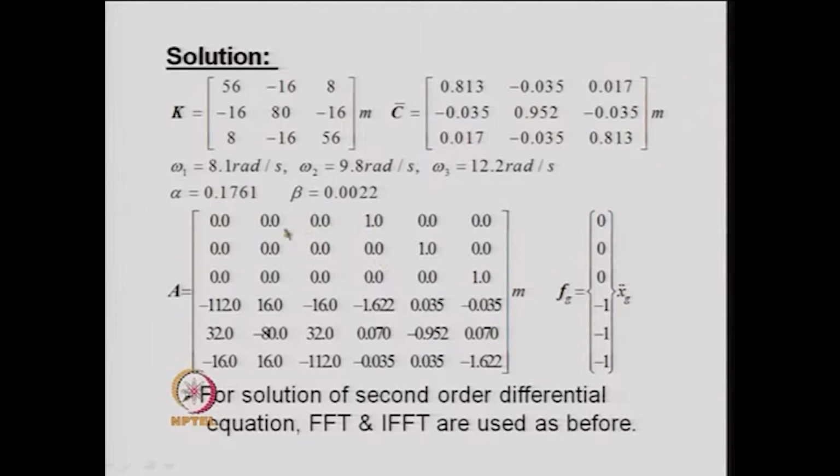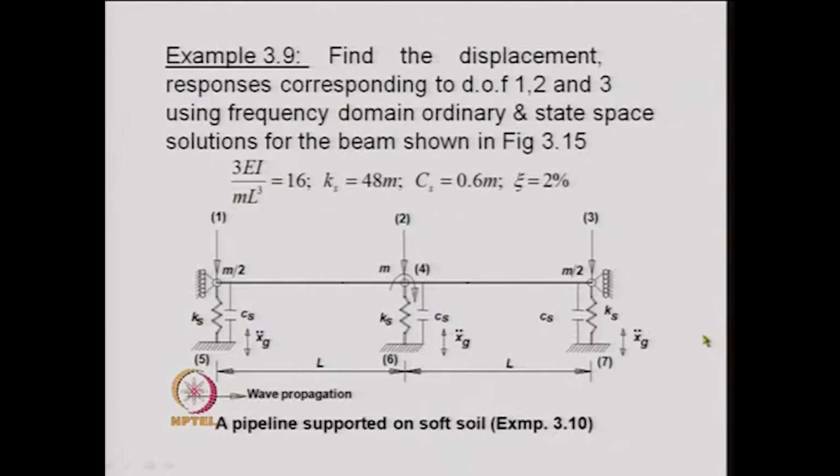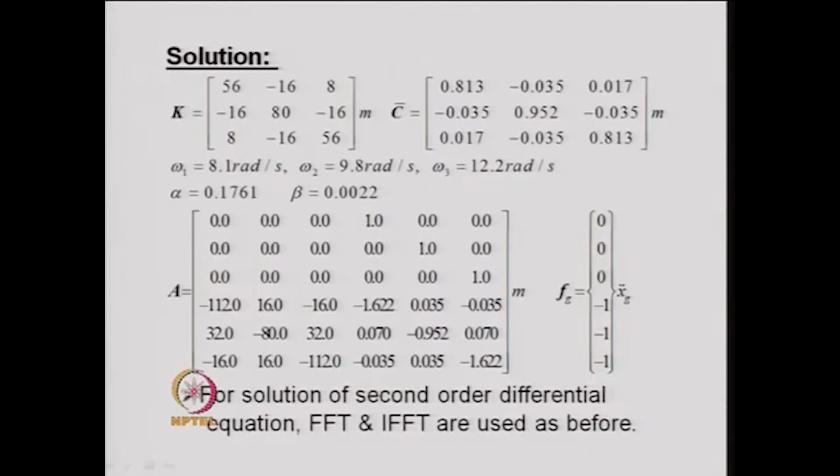Then we form the A matrix, and this becomes the FG matrix, and since we assume that the ground motions at these 3 supports are the same, that means there is no time lag between them, that is why we have 1 1 1 over here, this is minus 1 1 1, that is the last 3 values are this, and the top 3 values of course will be 0.